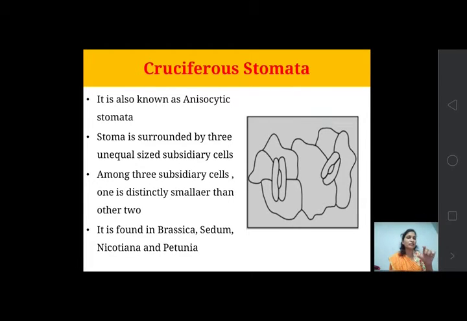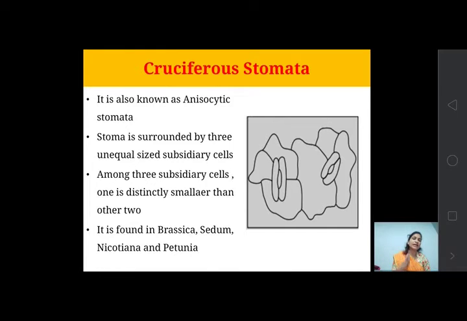When this type of arrangement of subsidiary cells is present in a stomata, that type of stomata is known as the cruciferous stomata, or you can say anisocytic stomata. Got it? It is found in members of Cruciferae or Brassicaceae, that is Brassica, Sedum, Nicotiana and Petunia, some of the examples where it is present.